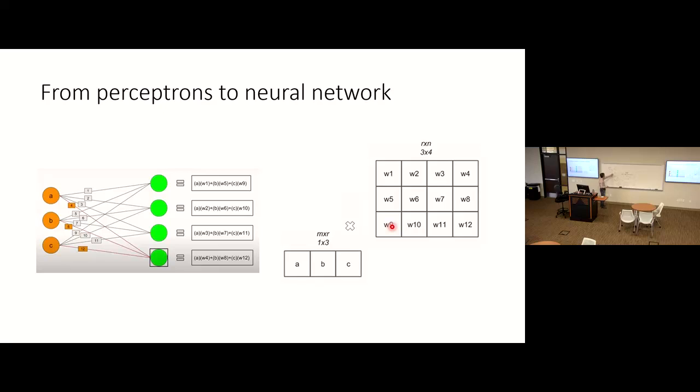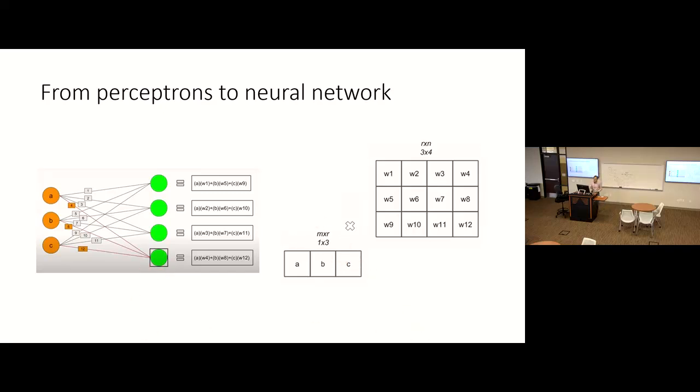In my case, I only have one perceptron, one neuron, so I use the dot product between two vectors. But if you have 4 neurons, you have multiple vectors, which give you a matrix of weights.